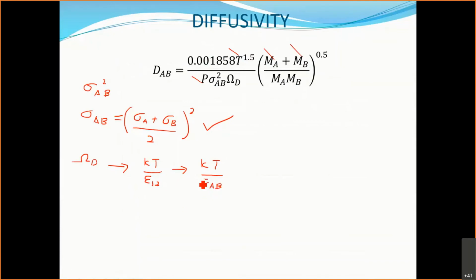So in order for me to find epsilon AB, this is the formula. Epsilon AB is equal to square root of epsilon A times square root of epsilon B.